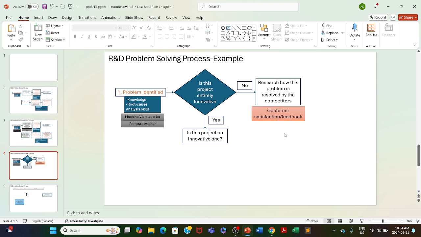See this one. So when we have this problem that the machine vibrates a lot for my product, pressure washer, then we have to really ask this question: is that problem entirely innovative? Because based on my answer yes or no, there are two different tracks we will be following.